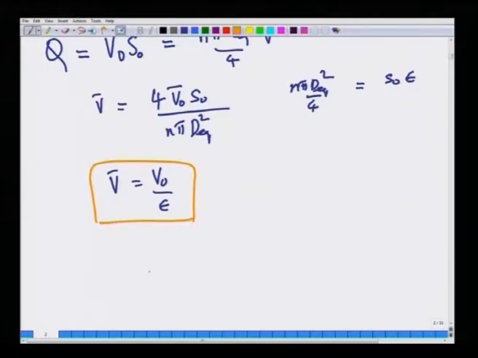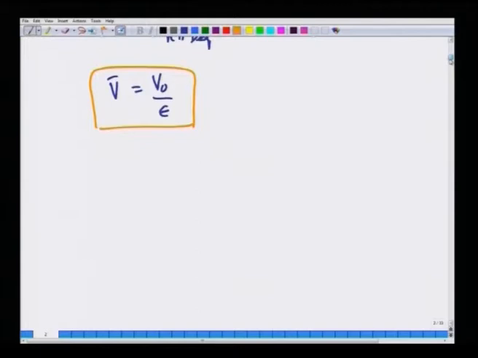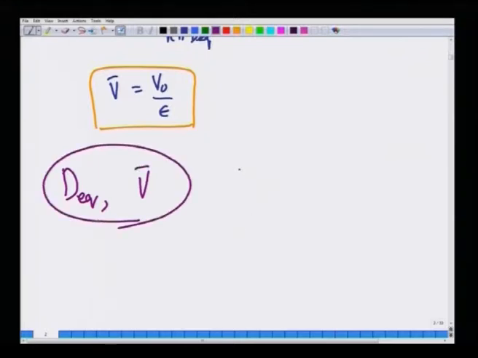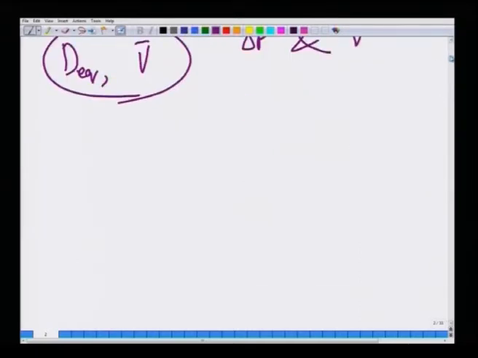Now we know what d equivalent is, and we know what the velocity is. So, we can know the relation between the pressure drop and velocity if we know the flow regime in these tubes. There are of course two flow regimes, the flow could be laminar or turbulent. So, we could take both the limiting cases.